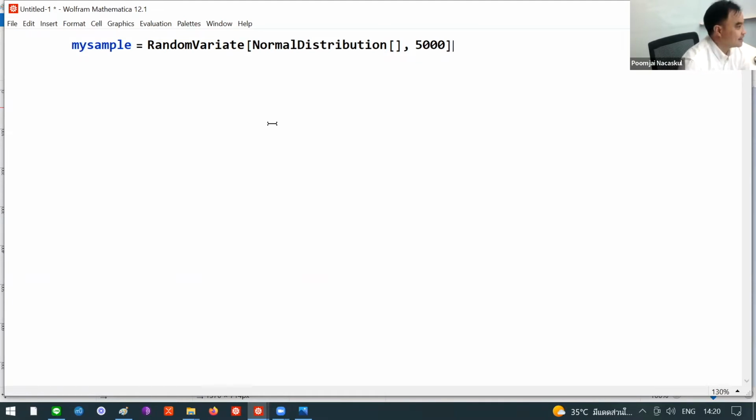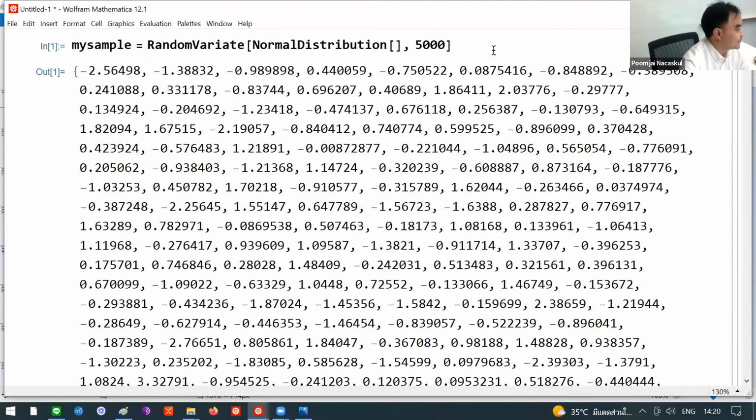In fact, this function generates this many numbers according to this rule. Forget about what the rule is called. Just type the way I type it. Random variate generates this many numbers according to this rule. What happened is I'm going to get a whole bunch of numbers.